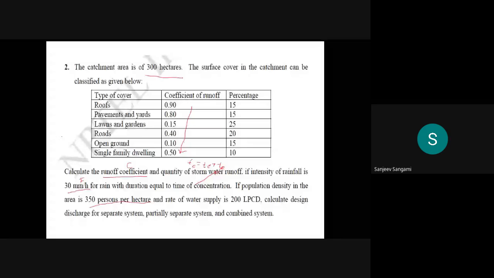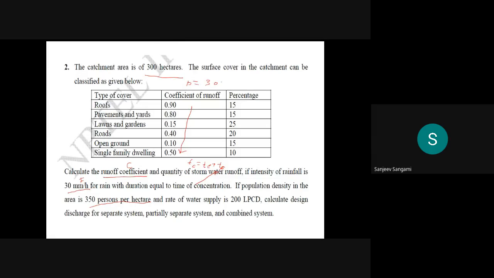If you need the population, then P is equal to 300 into 350. Since he has given 350 persons per hectare, it should be multiplied by hectares, and that will be your population.